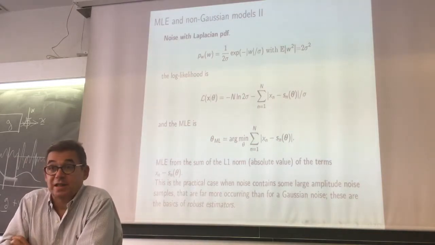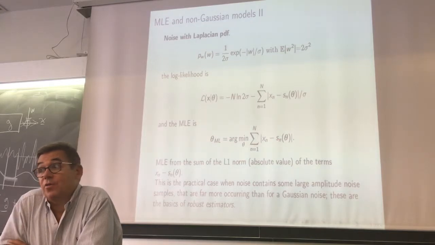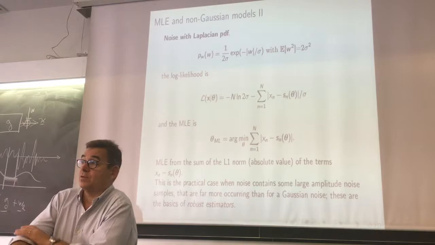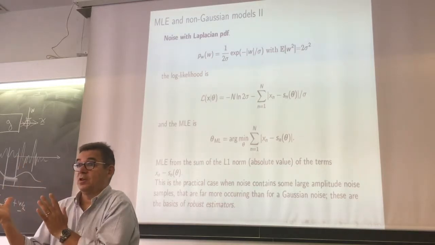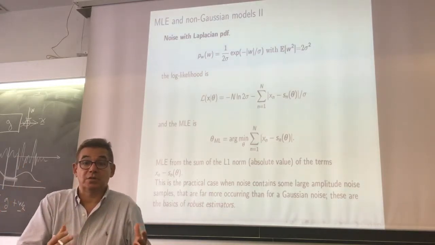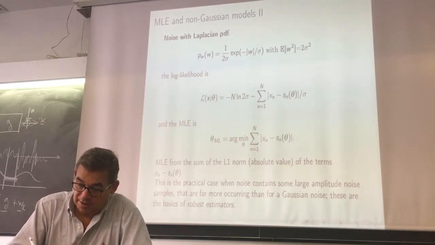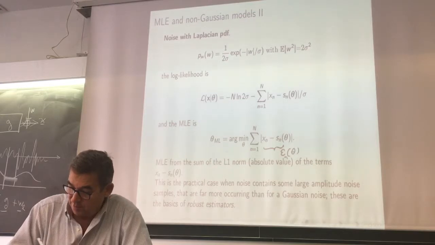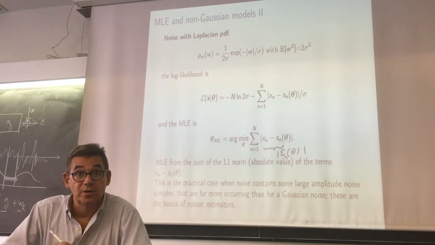So the new metric is the L1 norm, which is different from the L2 norm. The L2 norm is the sum of the squares of the error. Here is the error, depending on theta and on the sample n, but it's the sum of the absolute value of the error.